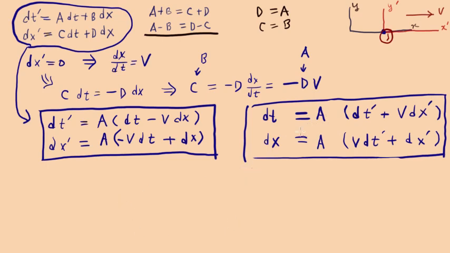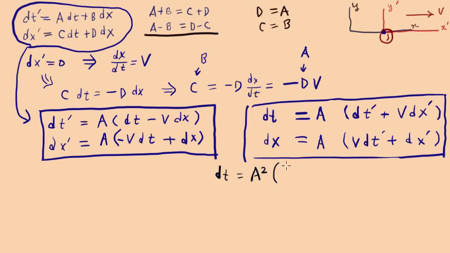Now these two sets of equations can be manipulated further in the following way. Let me use this dt prime on the right hand side and that dx prime on the right hand side. So dt equals a dt prime, but that's a times (dt minus v dx), so there's another factor of a, so I'll take it out.